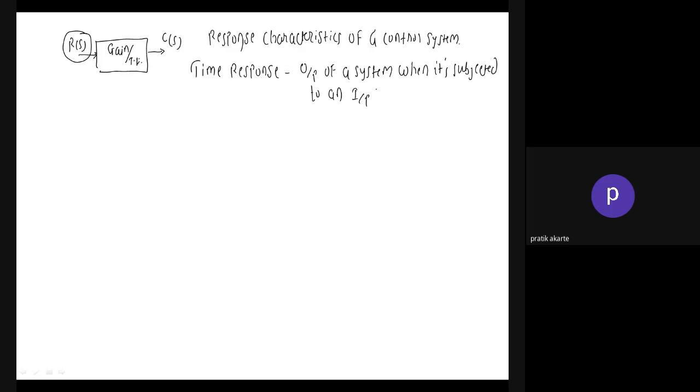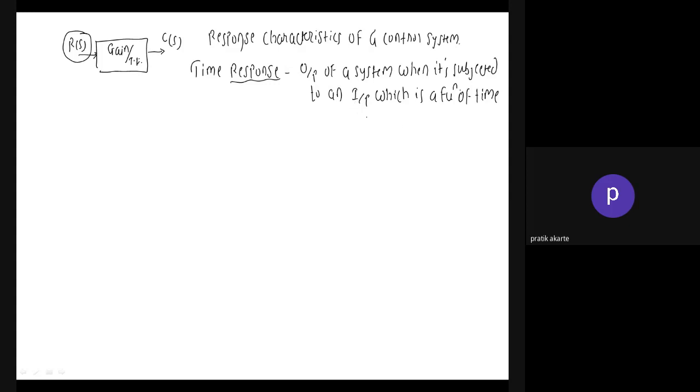Now, this input is a function of time. That is what we call time response. Response is your output. What is response? It is a kind of output of a system when it is subjected to certain input, certain stimulus.